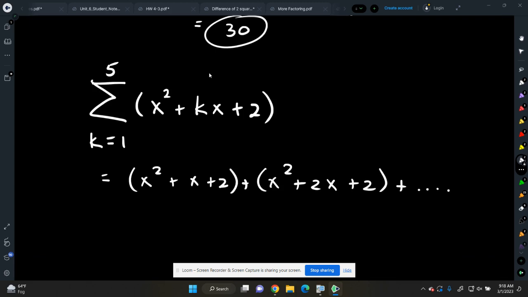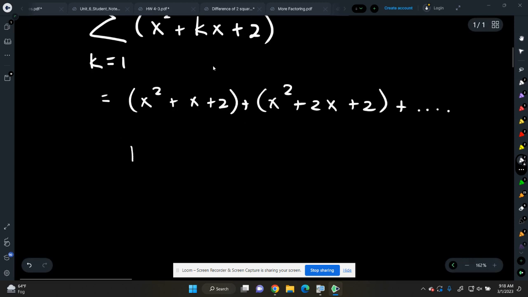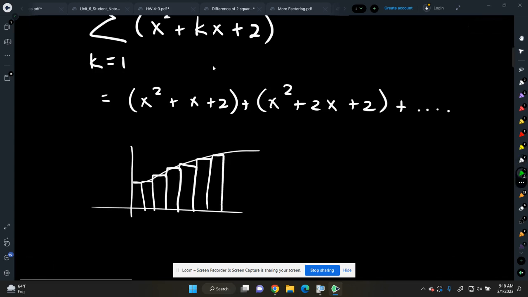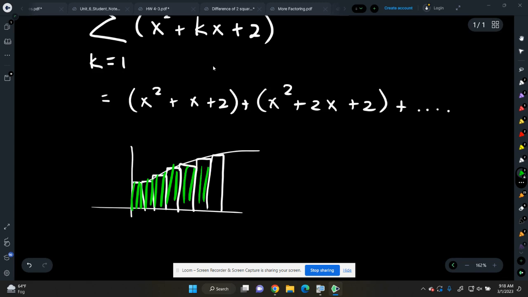So if you think about Riemann sums, right, you're looking at a bunch of rectangles, and we are adding the area of each rectangle, right? And we talked about the idea with Riemann sum is the more rectangles you have, the more accurate that sum or that area under the curve.